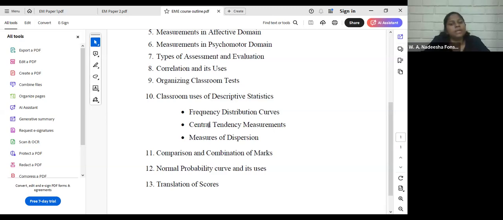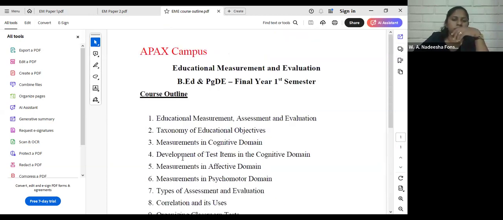Then comparison and combination of marks, the normal distribution curve, which we did today, and translation of scores. Under translation of scores, we discussed Z-score, T-score, Hallmark, McCall mark, then percentage rank, and we discussed some exam questions. Those are the things we had to cover under this course, educational measurement and evaluation.